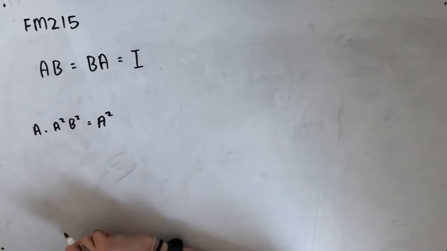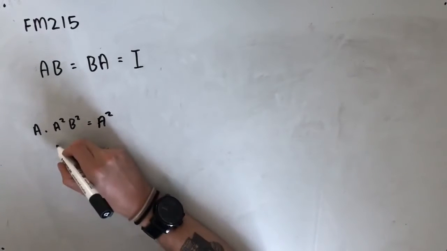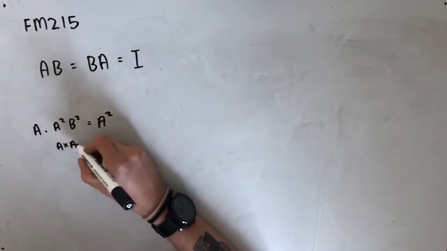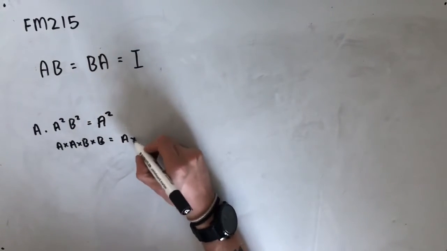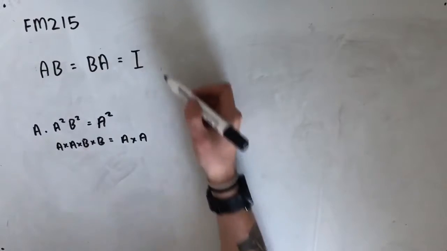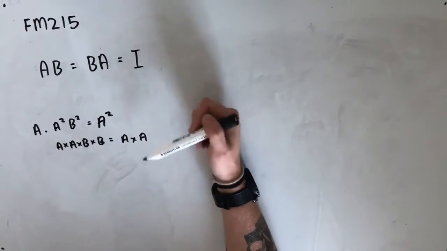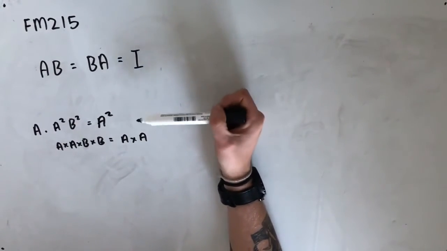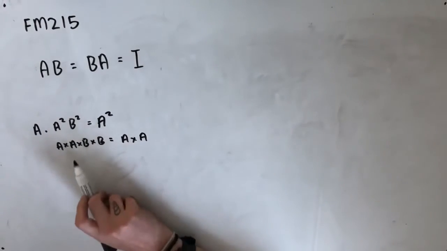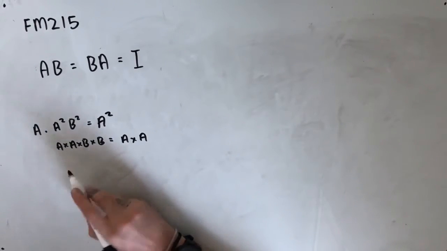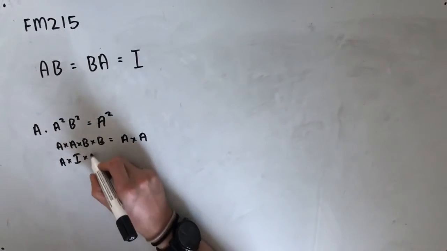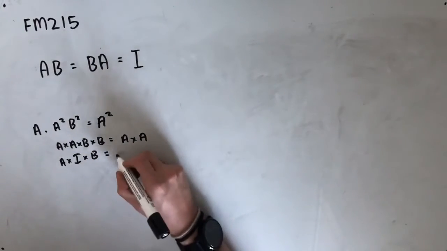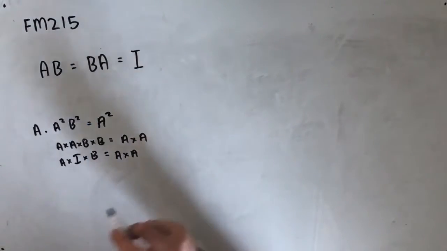If we flesh that out a little bit, to make it easier to understand, what we have is A times A times B times B equals A times A. Now, going off what we've been told up here, if we have a combination of A and B, we should get a value of I. So this combination here, A times B, should actually simplify down to make an identity matrix, which is also equal to A squared.